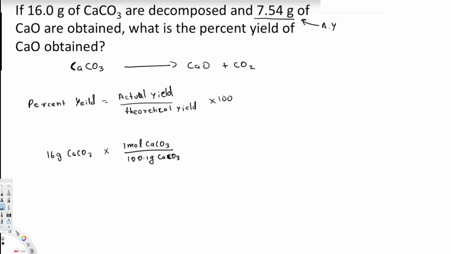But now we have to know how many moles of calcium oxide are produced. To calculate that, we just imagine a 1 in front of each formula, because if there's nothing, it means 1 in front of it, right? We are trying to calculate the calcium oxide, so calcium oxide is going to be on top: 1 mole of calcium oxide on top, and on the bottom 1 mole of calcium carbonate.